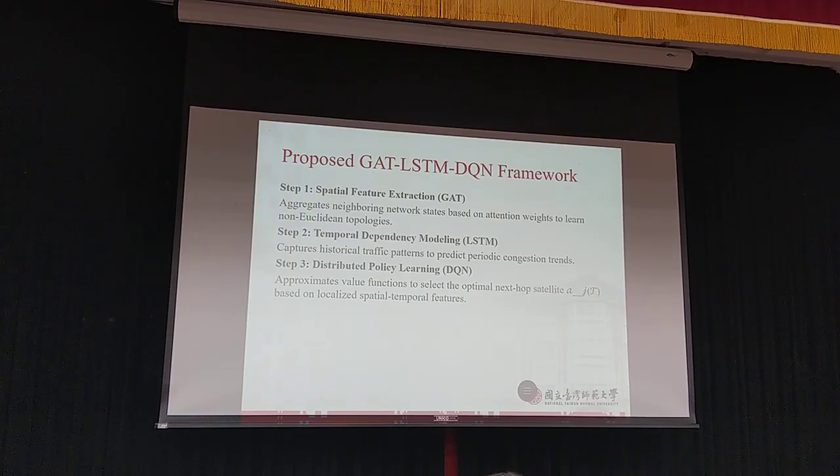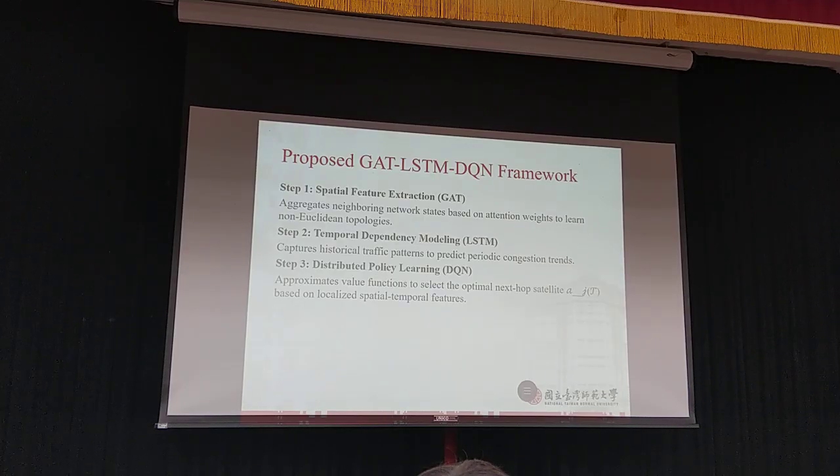providing sharp spatial awareness. Second, for temporal dependency modeling, we employ LSTM, as satellite traffic is highly time-varying, dynamic, and periodic. Existing networks only look at instantaneous network states, making them reactive and short-sighted.